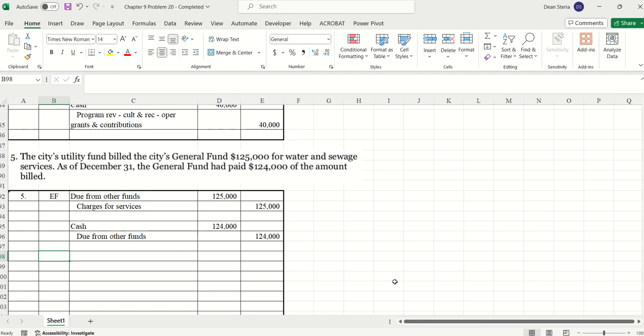Now we have to do the general fund side of it. So for the general fund, we're going to hit expenditures for the 125, and then we're going to hit our due to other funds, right, for 125.